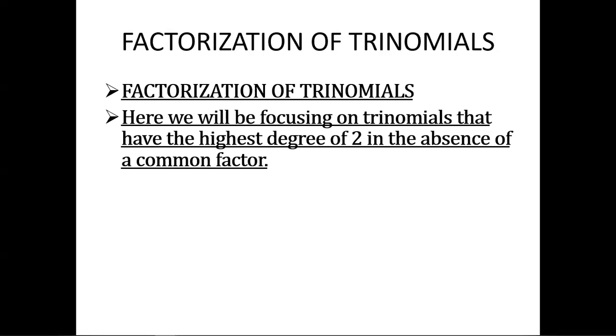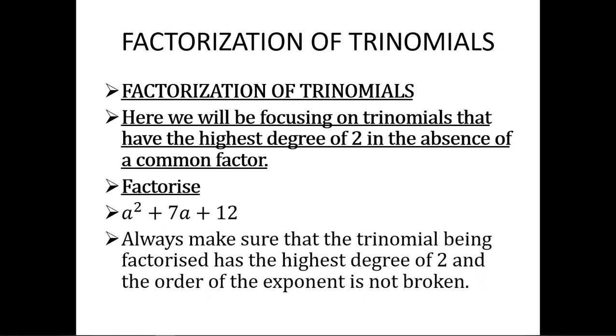Let's say, for instance, the first term has x to the exponent of 6. Make sure that the middle term has x to the exponent of 3, then that can be factorized, okay? And we'll simply be taking it from the top and doing more of these and combining this with taking out a common factor, difference of two squares, and everything else.